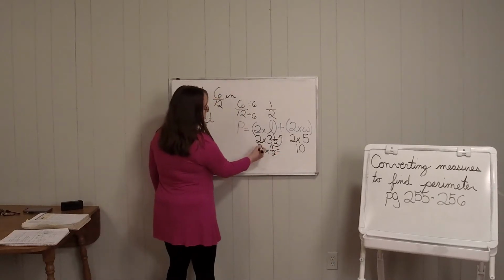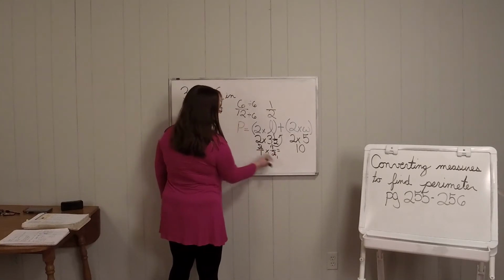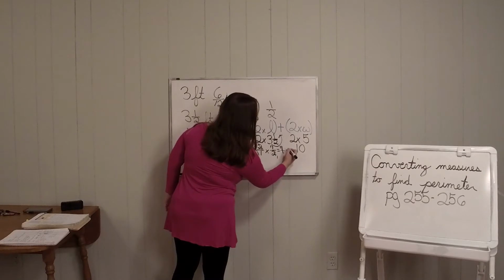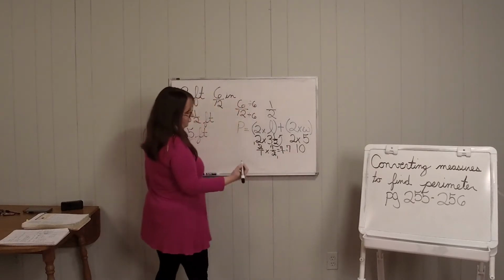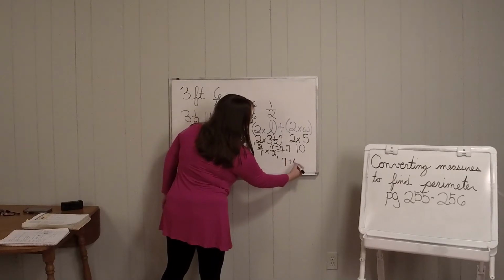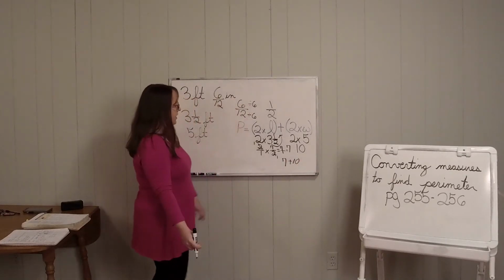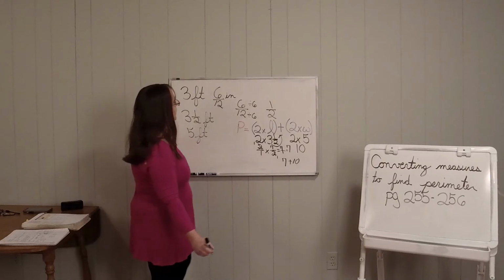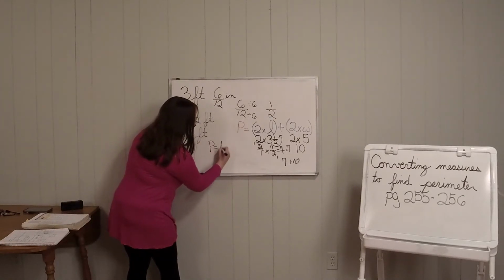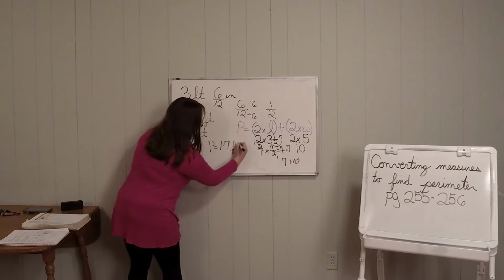You can cross out the 2's, and your answer would be 7 over 1, which is just 7. Then you have 7 plus 10. So 7 plus 10 is 17. So the perimeter is 17 feet.